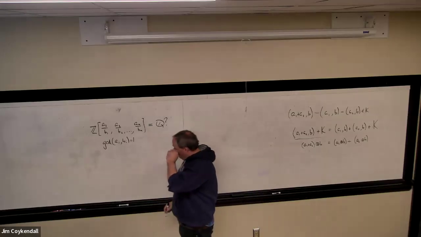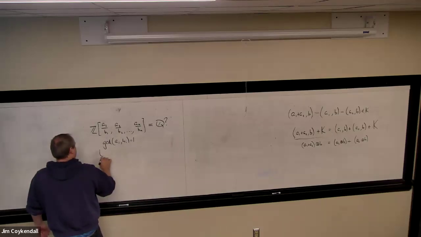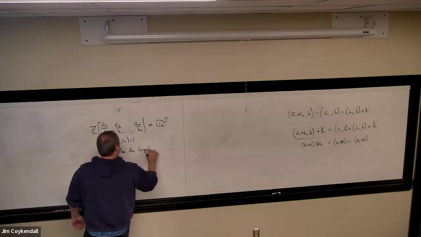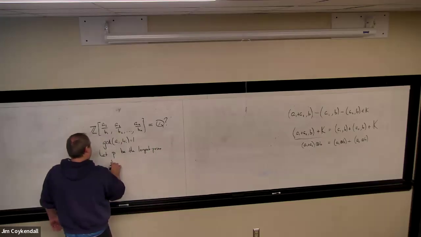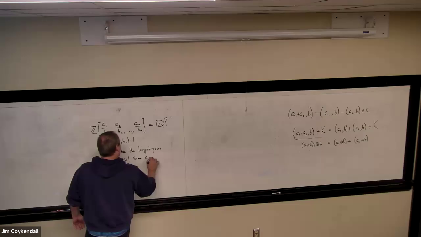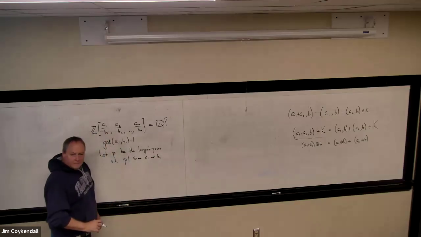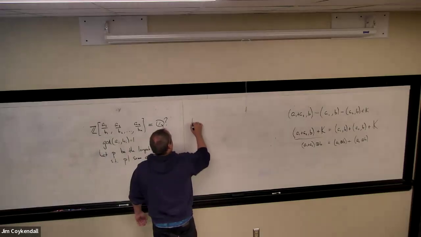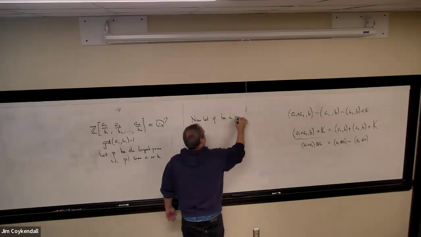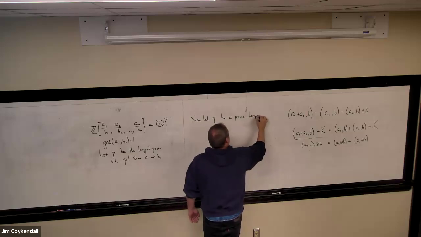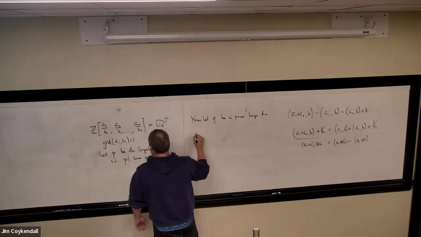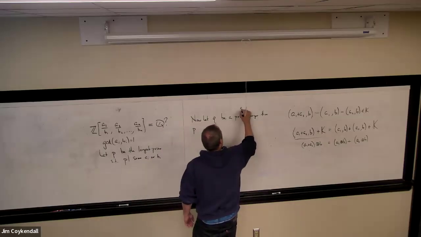Because, and I'll prove it, let P be the largest prime such that P divides some AI over BI. Now let Q be the prime strictly larger.